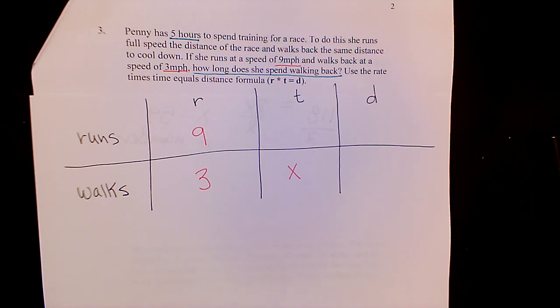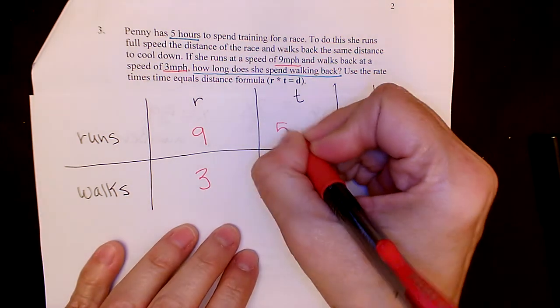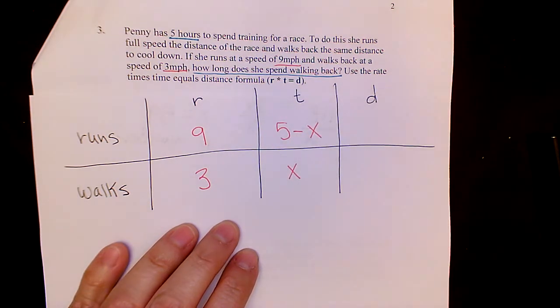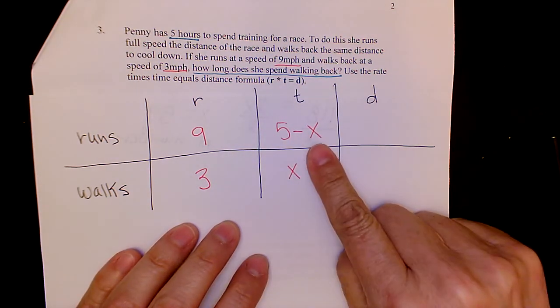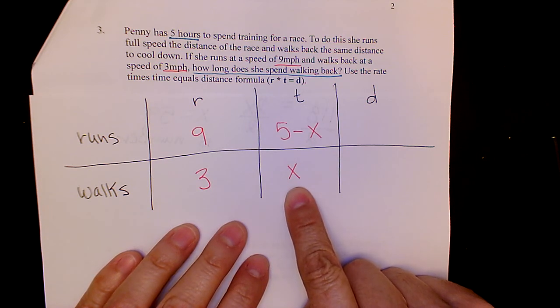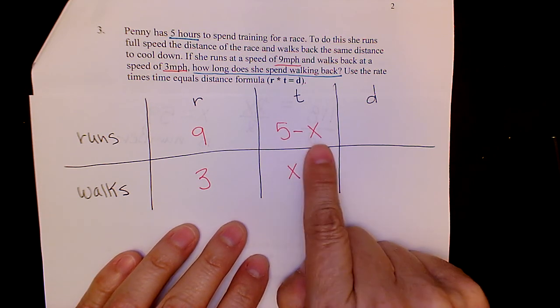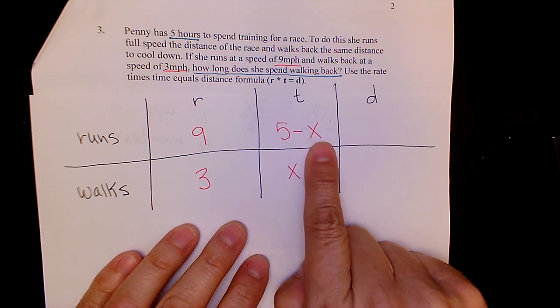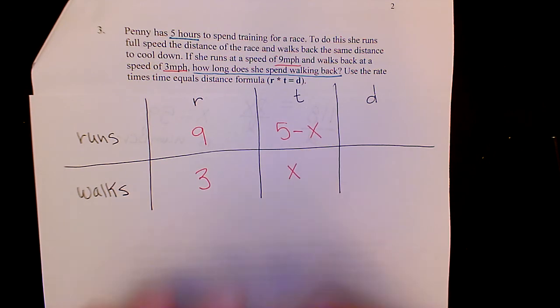So that's what we can do for the running. We know she spent a total of 5 hours training, and we know she walked X hours. So we can take that X away from the 5. So 5 minus X is our time for how long she runs.